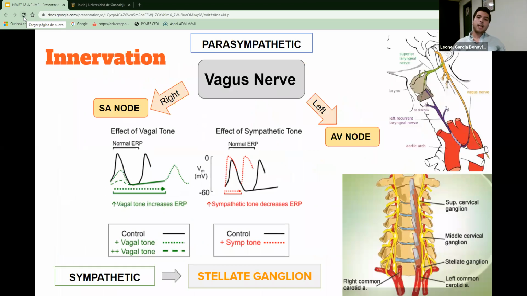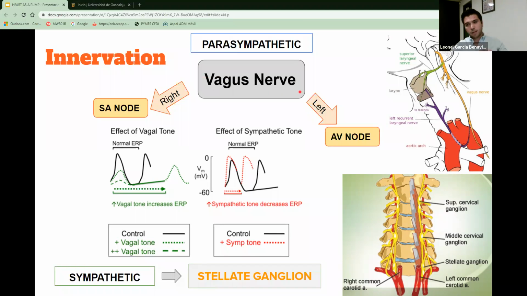Okay. A type of innervation is needed, including for these cells. We're going to have two types of innervation that go to the cardiac cells: parasympathetic and sympathetic. Parasympathetic is through the vagus nerve.